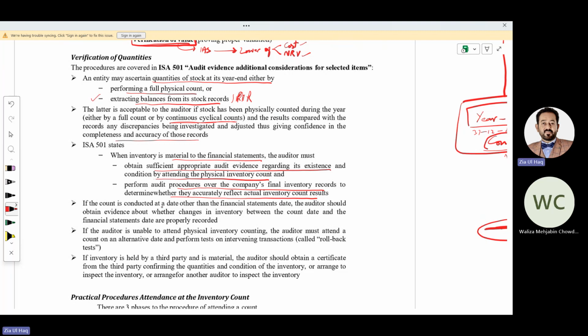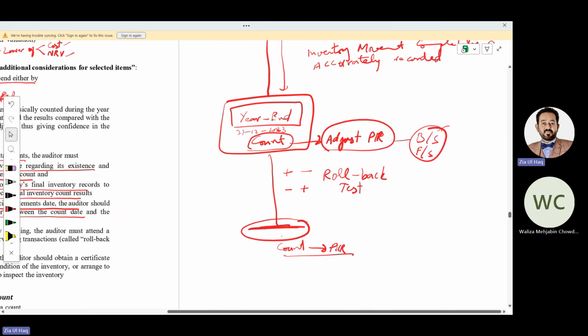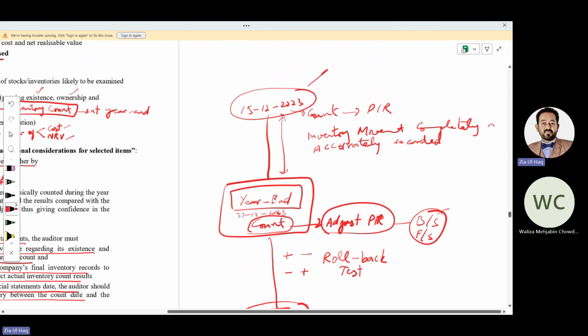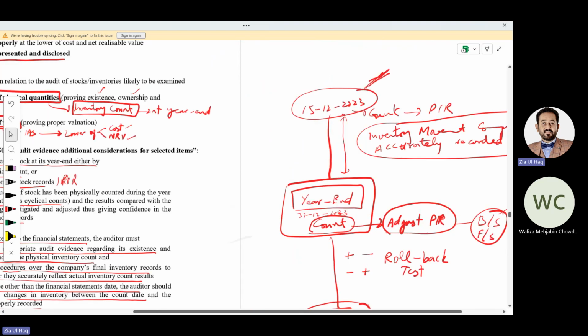If the count is conducted at a date other than the financial statement date, meaning either before year end or after year end, the auditor should obtain evidence about whether changes in inventory between the count date and the financial statement date are properly recorded. Meaning if a count has been performed before year end, we need to make sure inventory movement between count date and year end is completely and accurately recorded.